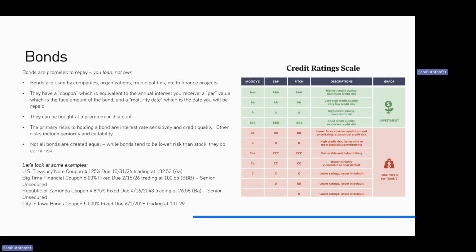The other thing you'll think about there is the credit quality. I've shown you to the side here what we call a credit rating scale. Every bond is going to get a credit rating, and it'll tell us how likely the issuer is to pay. There's three that we look at generally: Moody's, S&P, and Fitch.